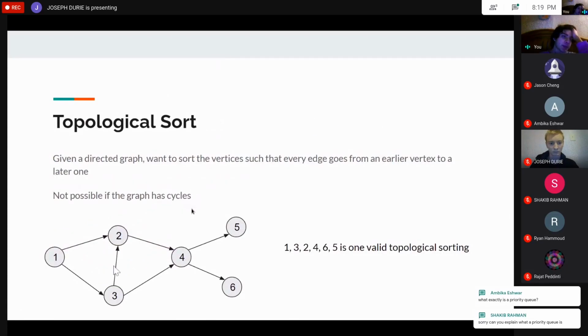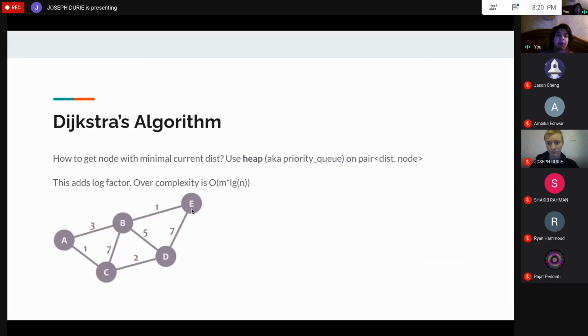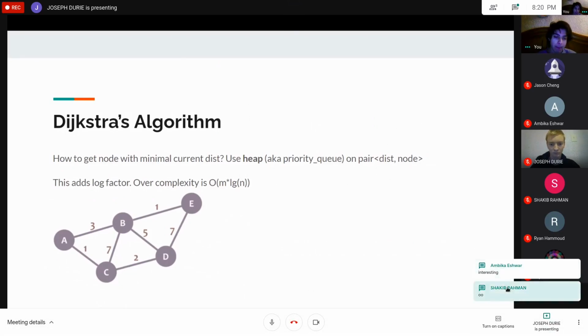Yeah, sure. So a priority queue is a data structure which really has two operations. It has a push, where you push an object onto it, and it has a pop operation, which pops the smallest object in the priority queue. Smallest in this case is defined by any comparator, like for normal sorting. In this case, the comparator would just be by distance. C++ has this built in.